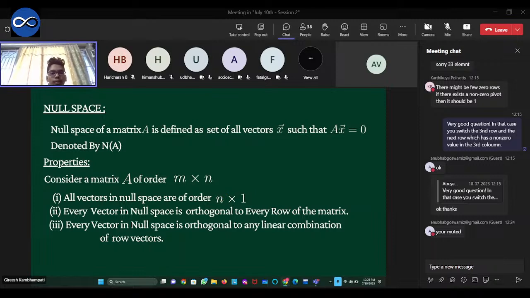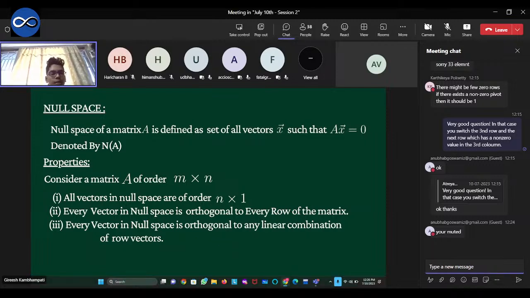For this multiplication, we multiply every row of the given matrix with the only column of x bar, and we get the product A x bar. A x bar equal to 0, so the product of every row with the given x bar is 0, which means x bar must be orthogonal to every row, because that is exactly the dot product.